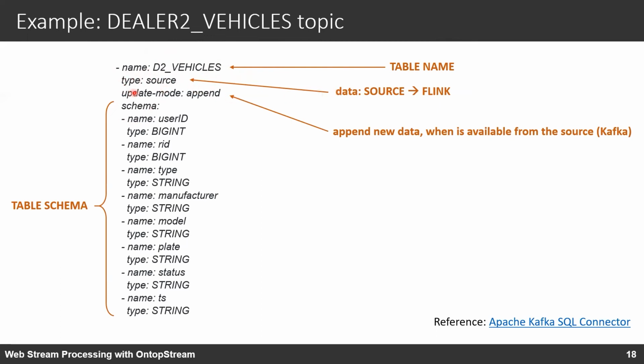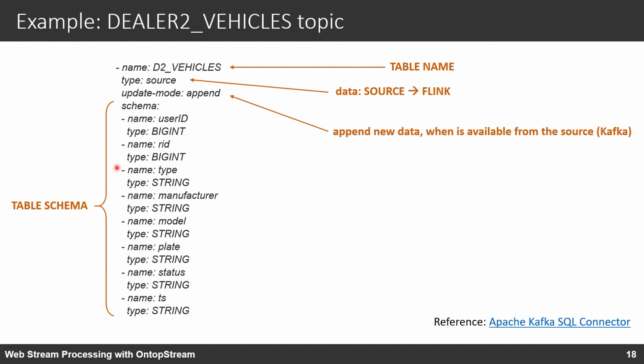We set that the type is a source connector, because we are taking data from Apache Kafka to Flink, and that the mode is append, because when new data is available in the source, it is also ingested in Apache Flink. So when new data is added to Apache Kafka, this connector is able to get the data in near real time and put it inside the Flink dynamic table in a streaming fashion.